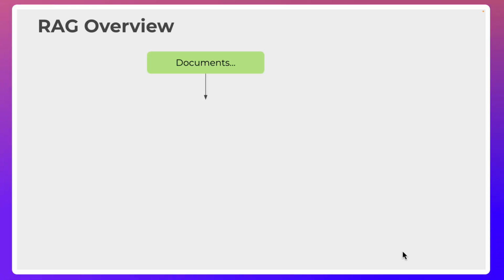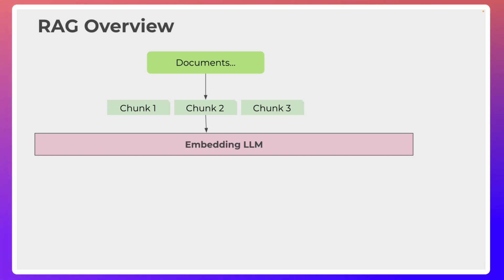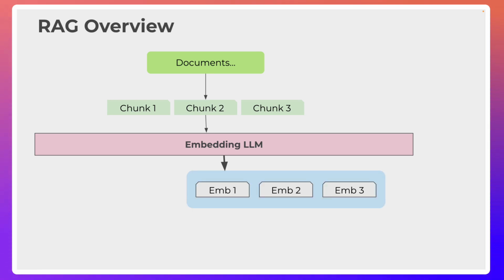We have documents. These documents are cut into small chunks, and then these chunks are put through an embedding large language model to create embeddings, and those embeddings are stored.